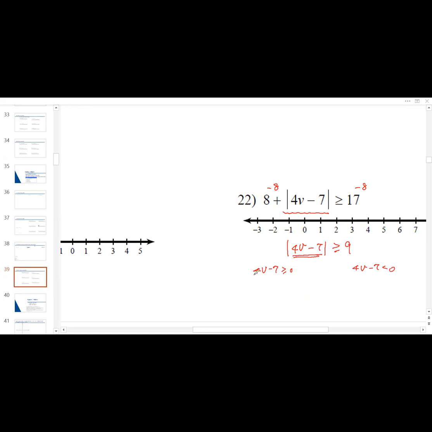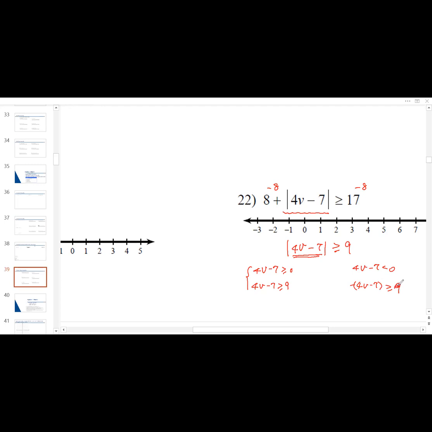When it is a positive number, we get rid of the absolute value, and we have this part, right? When it is a negative number, we need to put a negative in front and keep it greater or equal than 9.